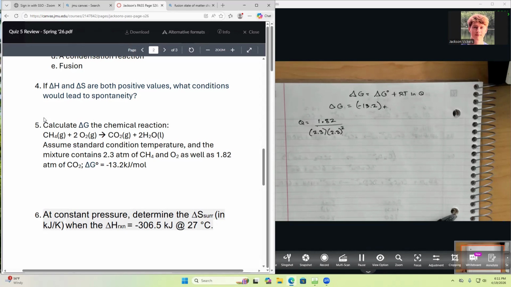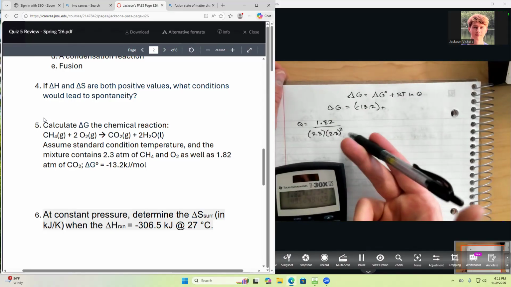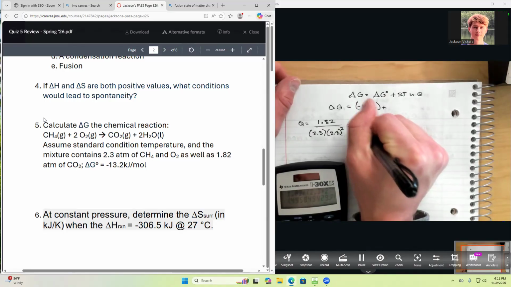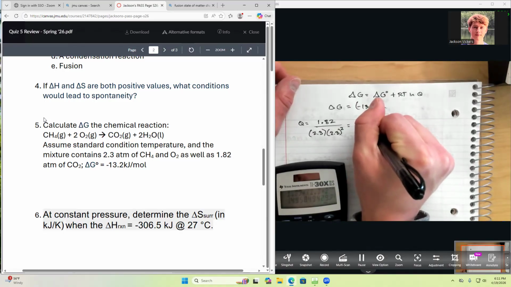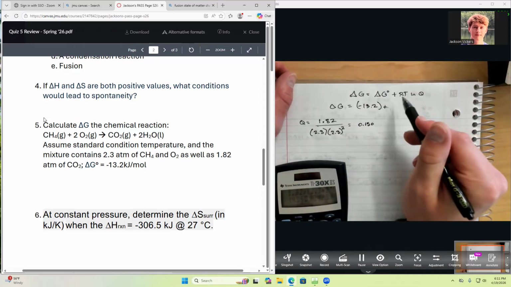So we can do this real quick. Overall, we could also turn this into 2.3 cubed if you wanted to. This is going to equal 0.150 roughly.